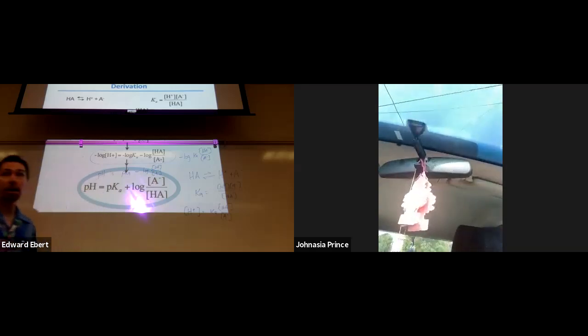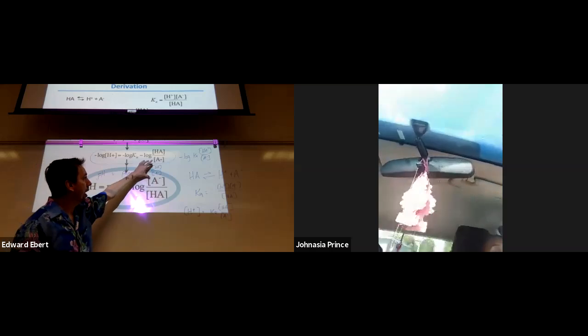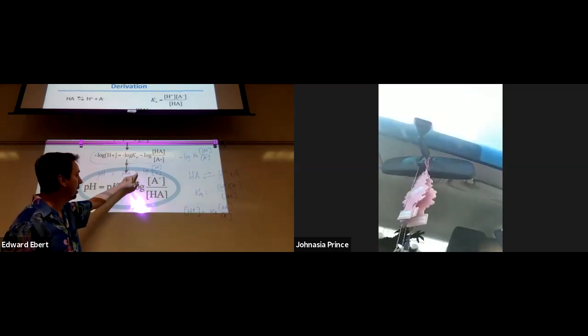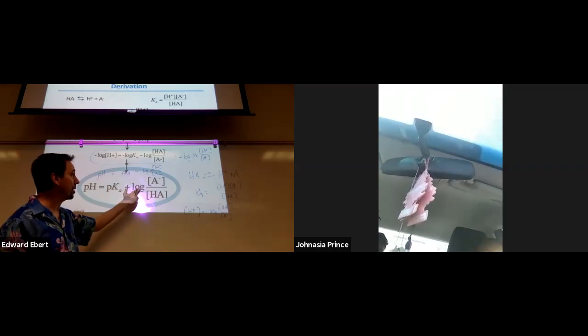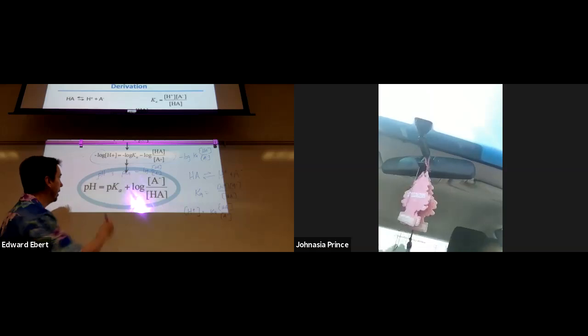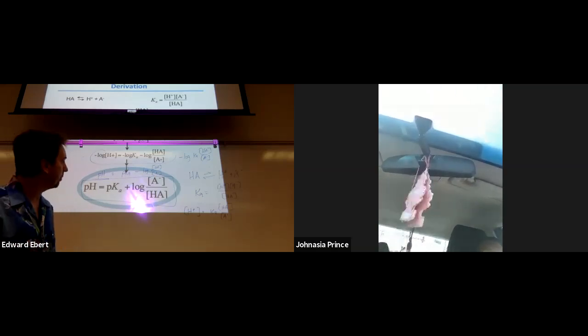Again, another log property: if I change the sign here, I can flip the divisors and change that sign. So instead of the negative log of HA over A minus, I'm going to make that plus log of A minus over HA. And this is how we get to our Henderson-Hasselbalch equation, which we'll be using in the next couple slides.